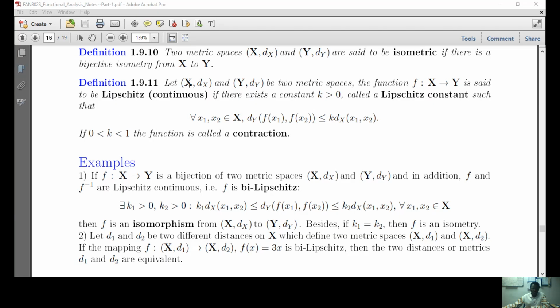Similarly, if we are given two metric spaces and a function f from the first metric space X to the second one Y, the function is said to be Lipschitz continuous if there exists a positive constant k, called the Lipschitz constant, such that for any two arbitrary points x1 and x2 in X, we have this inequality: the distance in Y, the target space, between f(x1) and f(x2) is less than or equal to k times the distance in X between x1 and x2. If this is true, we say that f is a Lipschitz function.